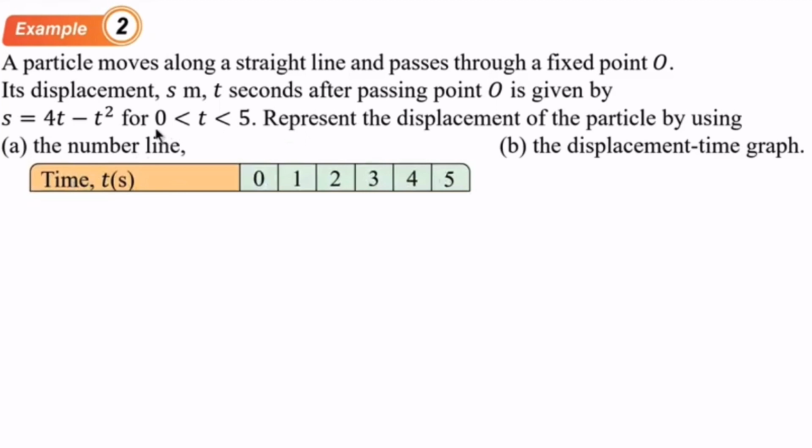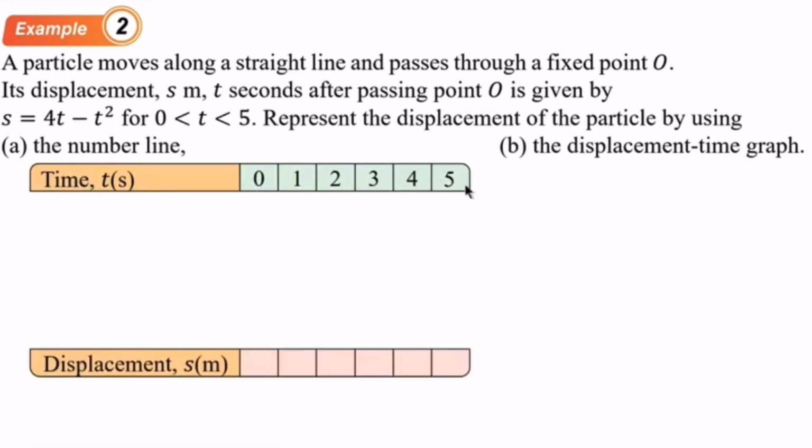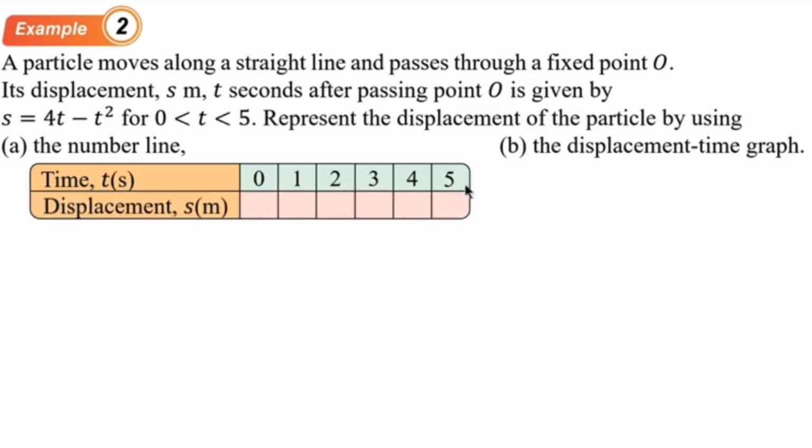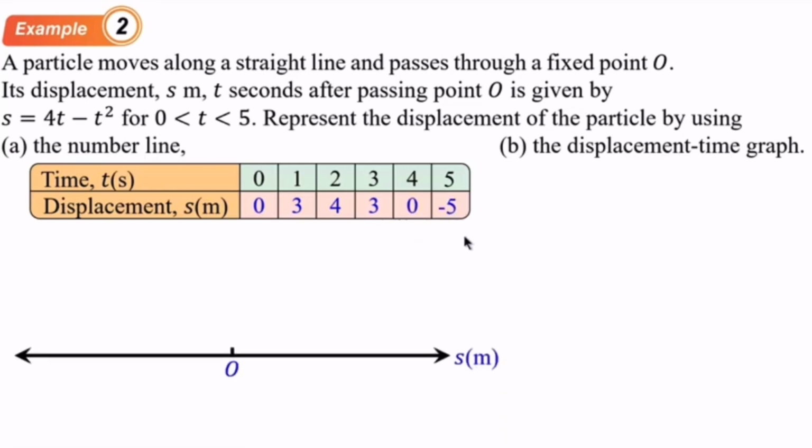So we have to list out the time from 0 to 5, inclusive of the 0 and 5. So when t is 0, we substitute, we get 4 times 0 minus 0, so we get 0 for the displacement. When t is 1, we get 4 times 1 minus 1 squared, which is 3. And for 2, the displacement is 4. For 3, displacement is 3. And for 5, it is negative 5.